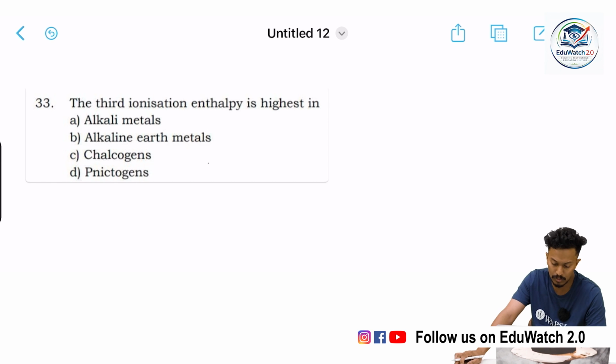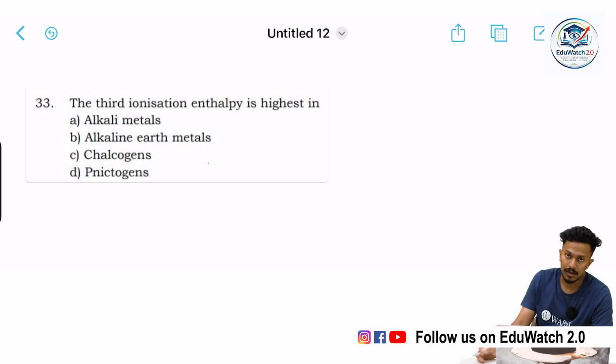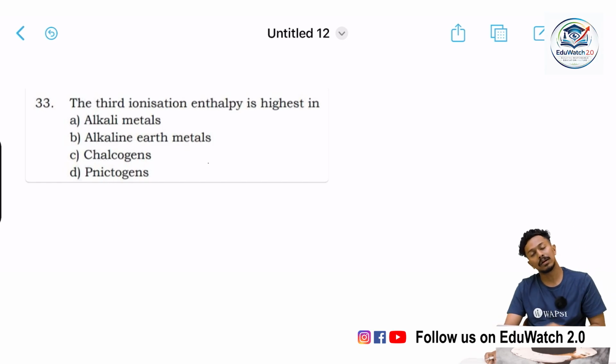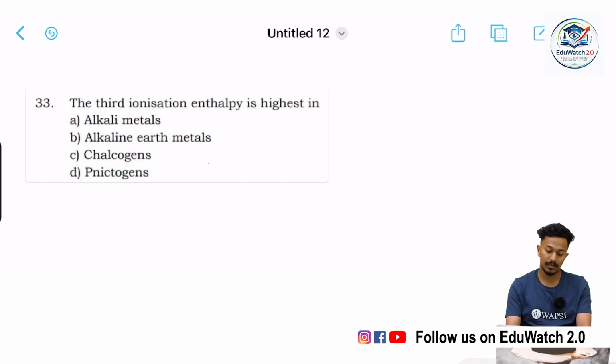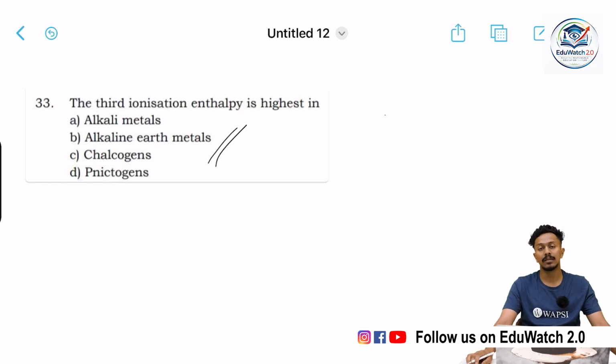How can we consider this third ionization enthalpy? Any idea? Well, the removal of the first two electrons in alkaline earth metals makes them attain an inert state.